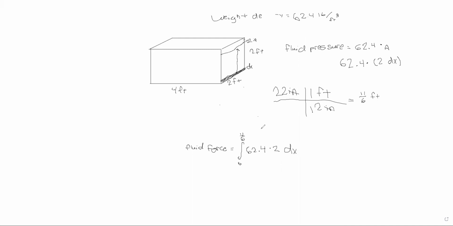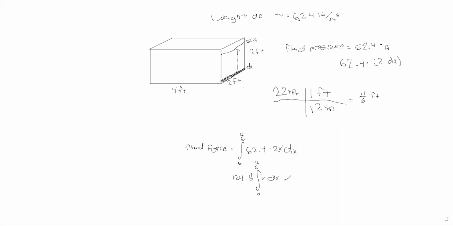So 62.4 times 2 is going to be 124.8. And you can move that right outside. And I forgot the x. You should never forget the x. So we're left with the integral from 0 feet to 11 over 6 feet of x dx.